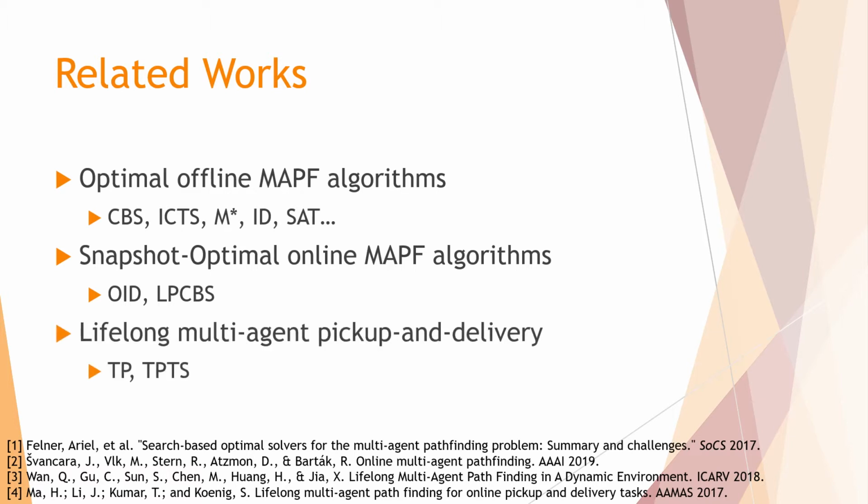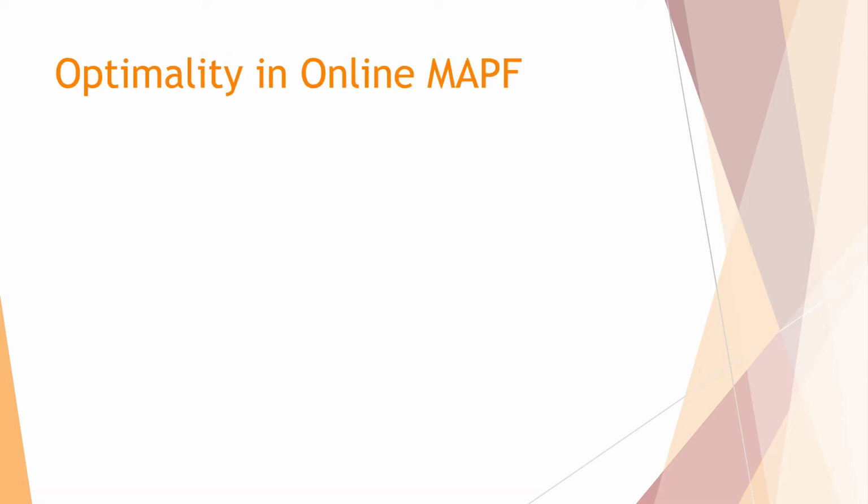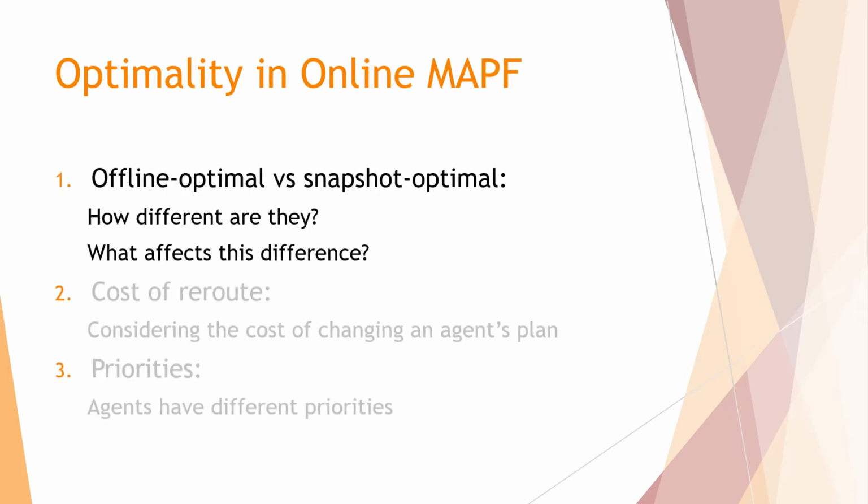Other works specifically focused on the online robotic warehouse problem. We set out to examine the matter of optimality in online MAPF, trying 3 different online MAPF variants. We will now see all 3 variants, starting with the first, where we compared offline optimality and snapshot optimality.